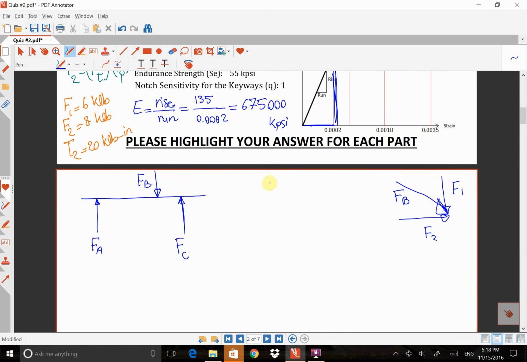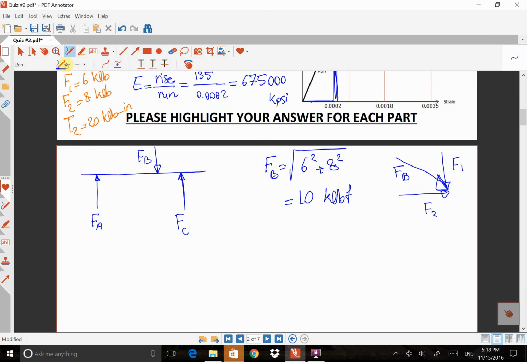Fb can be found from the square root of F1 squared plus F2 squared, so that will be 10. So Fb is 10 kilopound force.